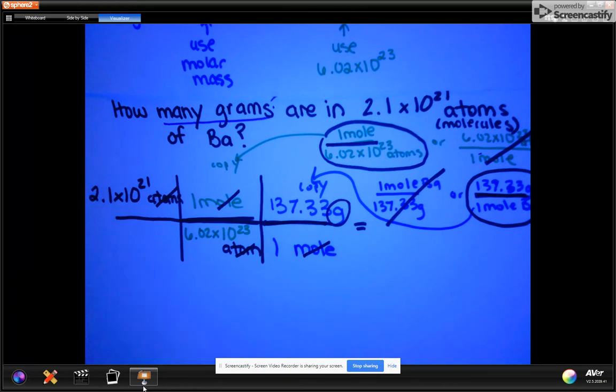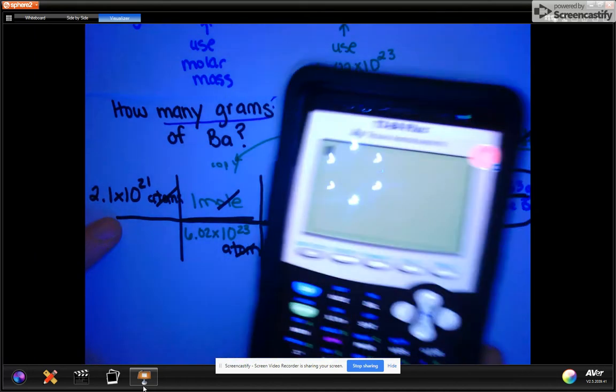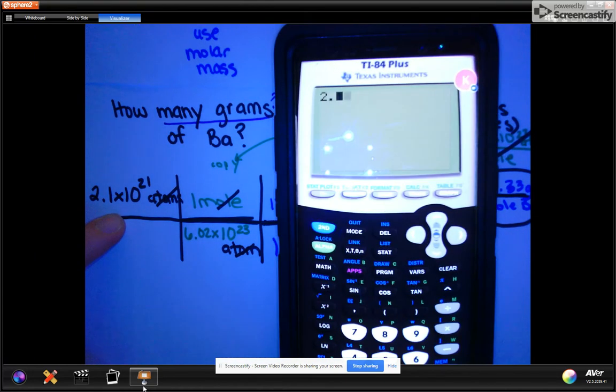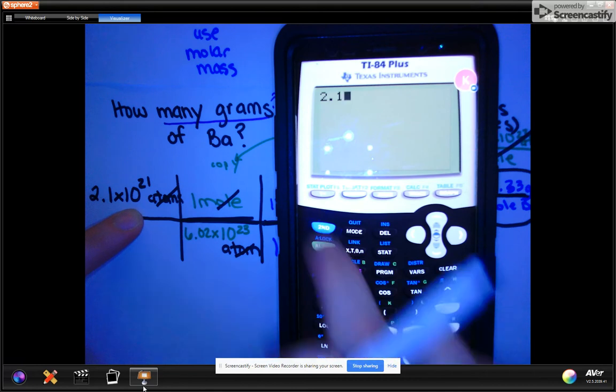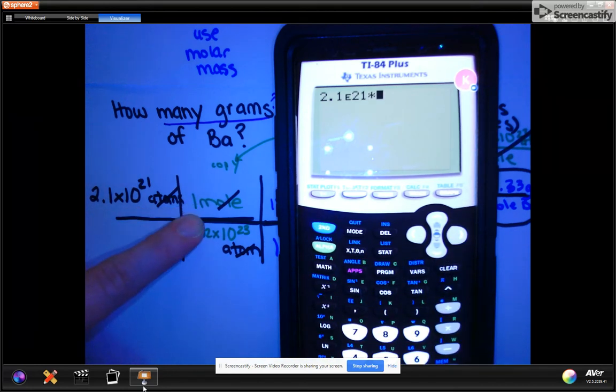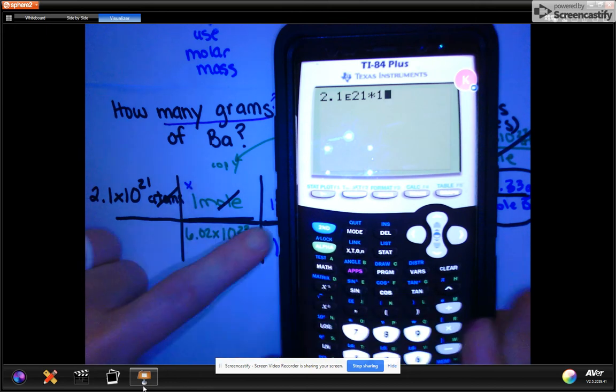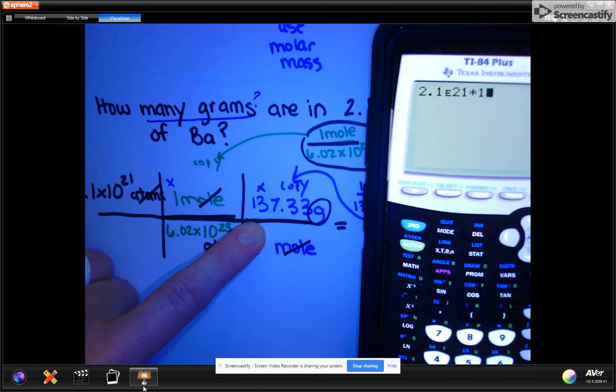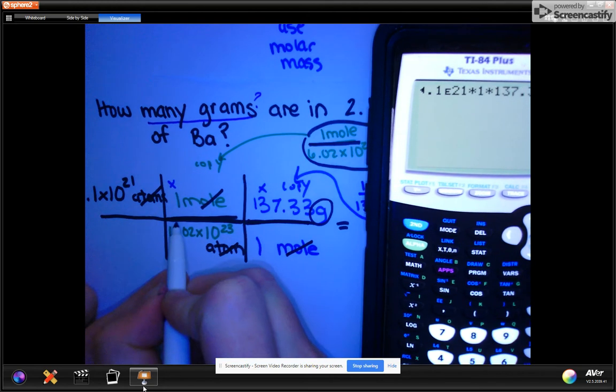I'm going to pick up my handy dandy calculator, and I'm going to plug in 2.1, but I'm not going to hit the times 10. I'm going to hit second EE, 21, times 1, because I always multiply the top numbers, times 137.33. If it's on bottom, I hit divide.